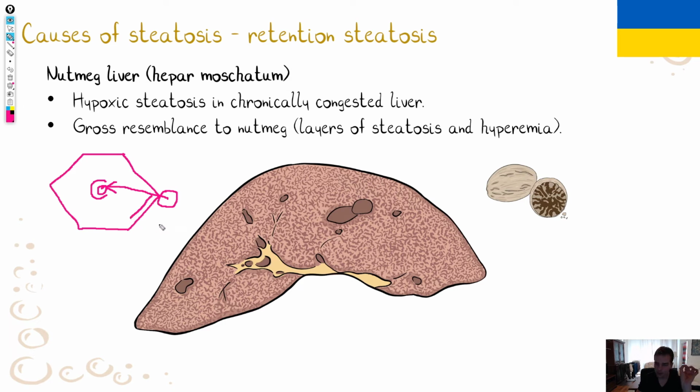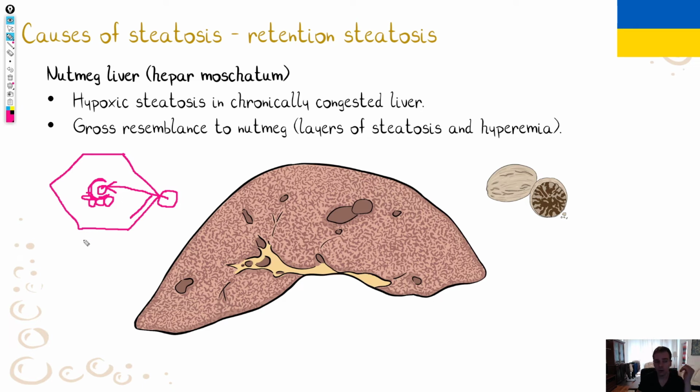So any disease that is anyhow associated with hypoxia of the liver will be manifested mainly around the central vein. So even the steatosis will be manifested mainly around the central vein, and there will also be a hyperemia of the parenchyma.